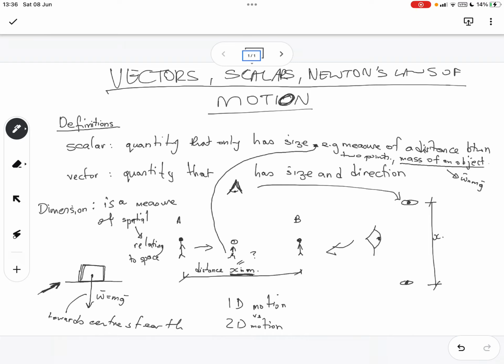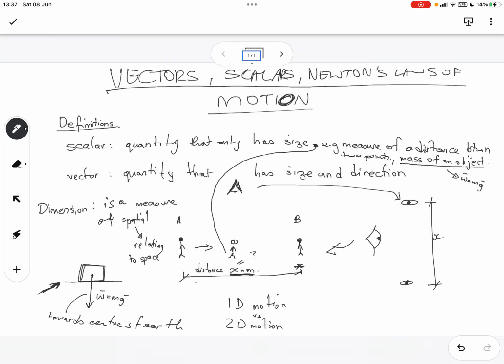Now, if we go back to the same example here, the two people, if the distance between A and B is known, but now person A walks toward person B, or runs toward them, then when they get to point B, they will have covered that distance in the direction from A to B. That is a vector.